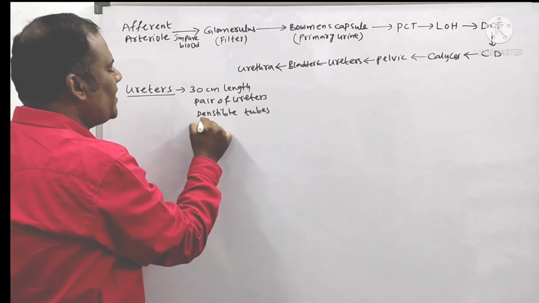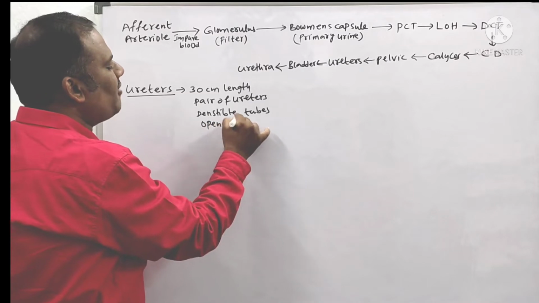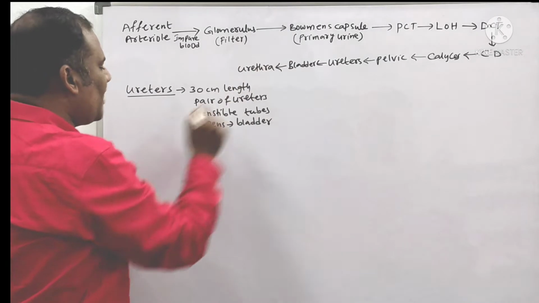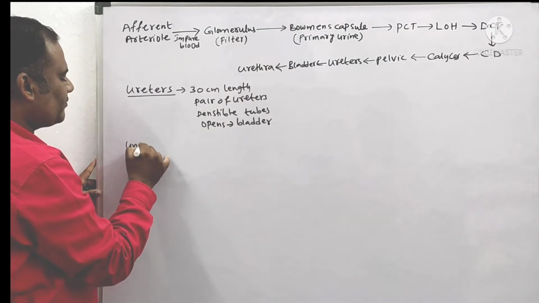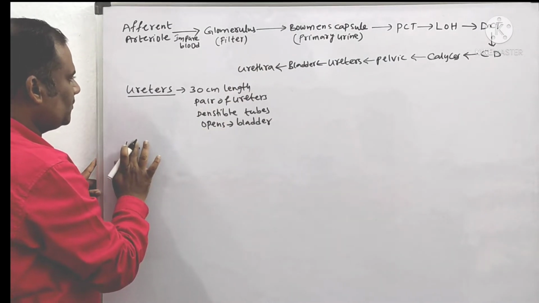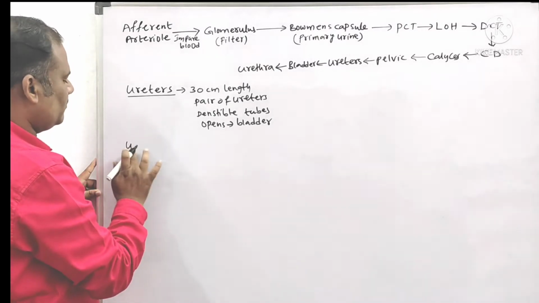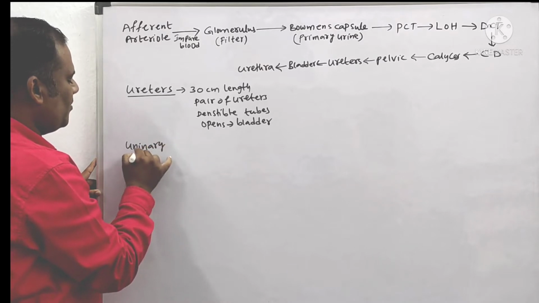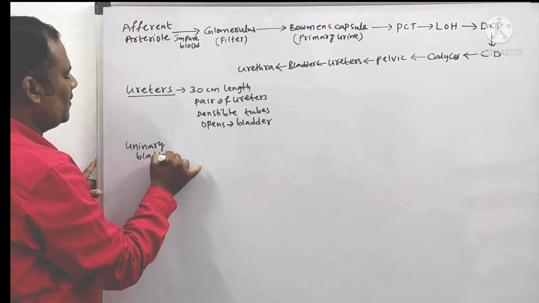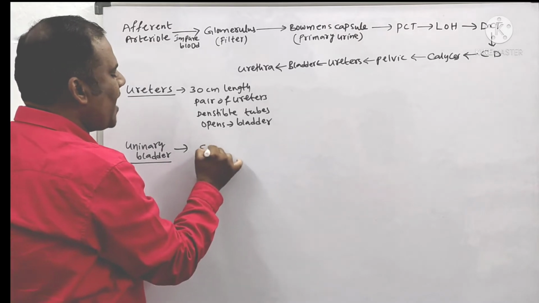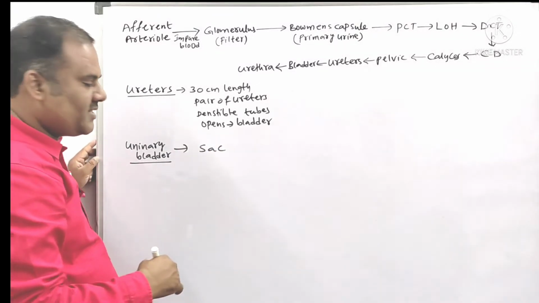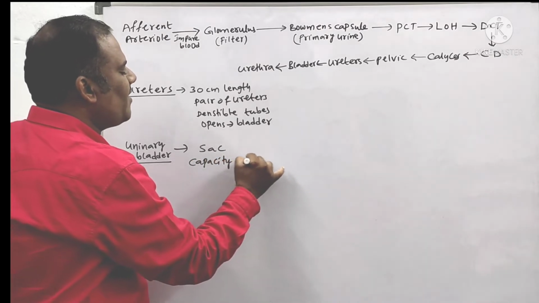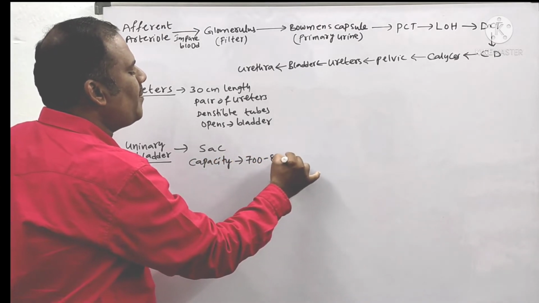Next, both ureters open into the urinary bladder. The next structure is the urinary bladder. This urinary bladder is a sac-like structure, and its capacity is 700 to 800 ml of urine.